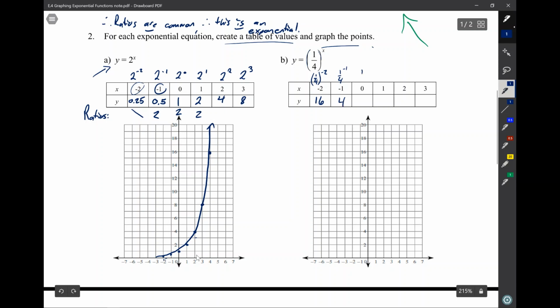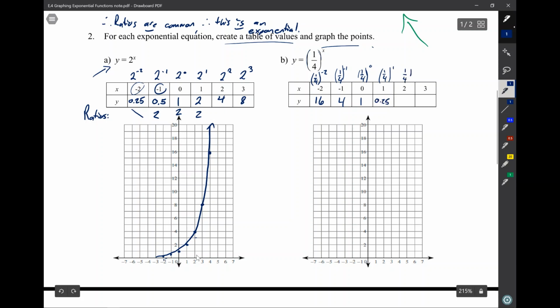If I do 1 over 4, that should have been in brackets, 1 over 4 to the power of 0, well, anything to the power of 0 is just 1. And then I can do 1 over 4 to the power of 1 is 1 over 4, that's 0.25.